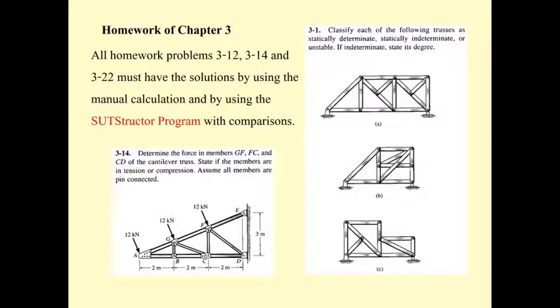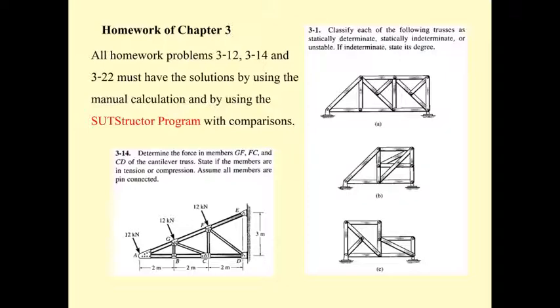And then we have the second part on problems 3-12, 3-14, and 3-22. For these problems you have to compare the result from your manual calculation with the result from the substructure program. They must be the same.